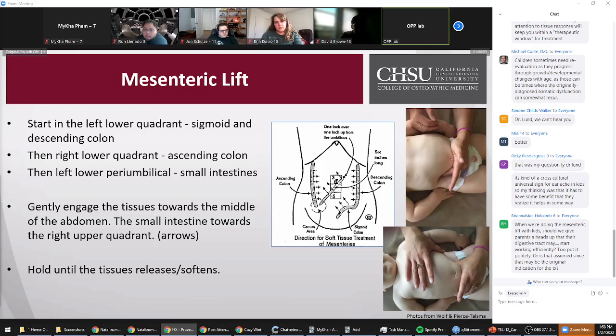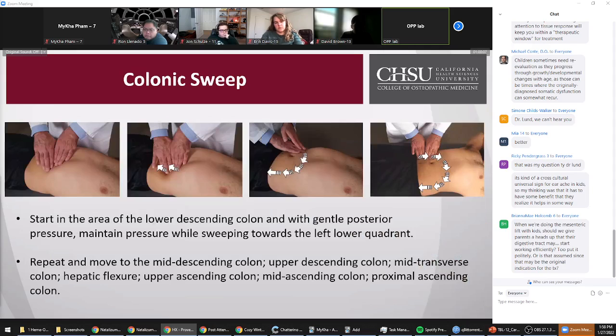And then a lot of times this is combined with what you'll see a little further on here, which is the colonic sweep, which is a little bit of pressure that kind of helps gently push whatever's stuck in there down out.